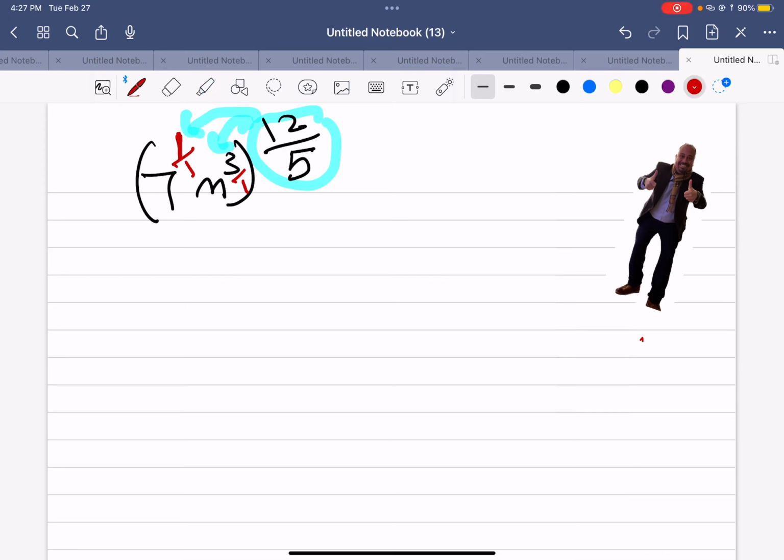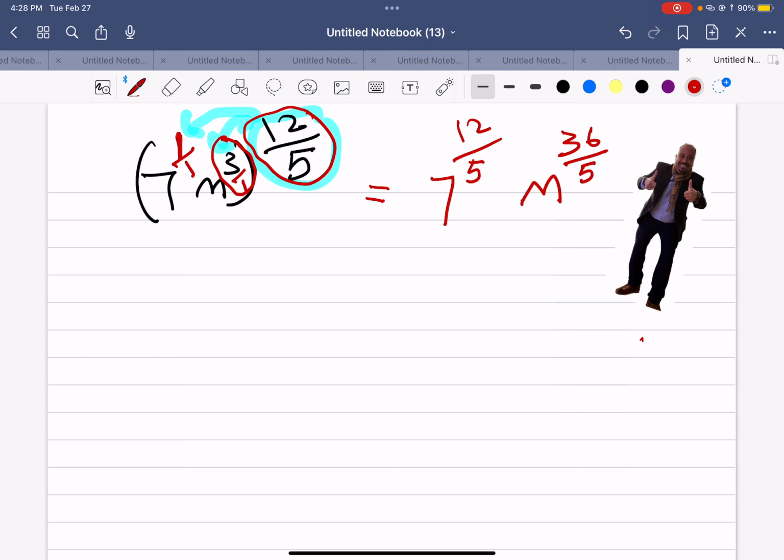So this is going to be equal to 7 to the 12 times 1 is 12, over 5 times 1 is 5. When you multiply this times this, top times top, bottom times bottom, that's going to give you 36 over 5.